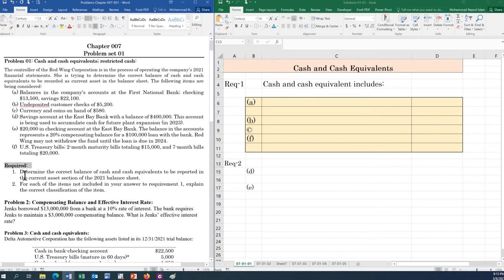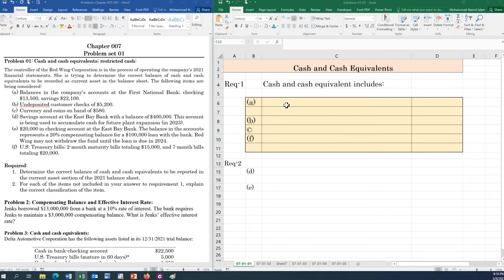We are required to determine the correct balance of cash and cash equivalents to be reported in the current asset section of the 2021 balance sheet, and for each of the items not included in the answer to requirement 1, explain the correct classification of the item.